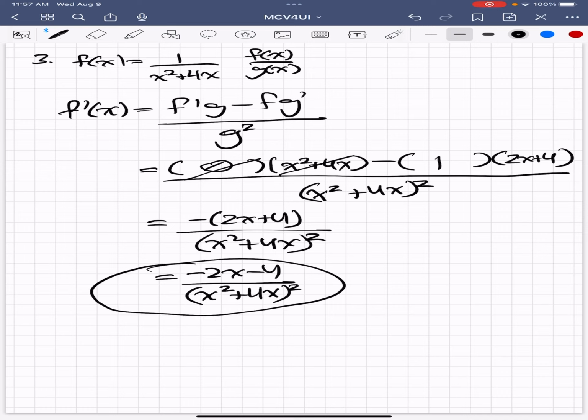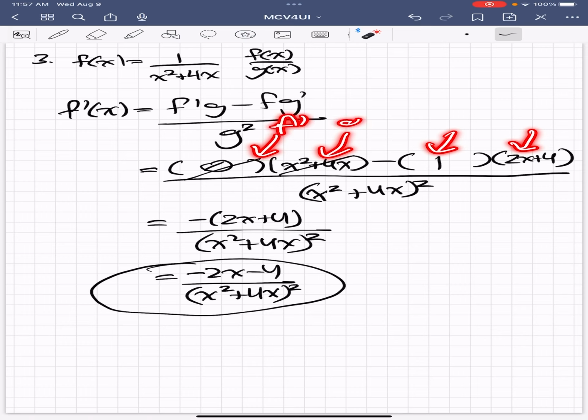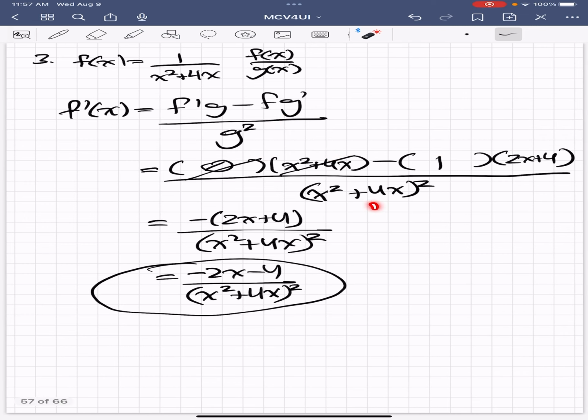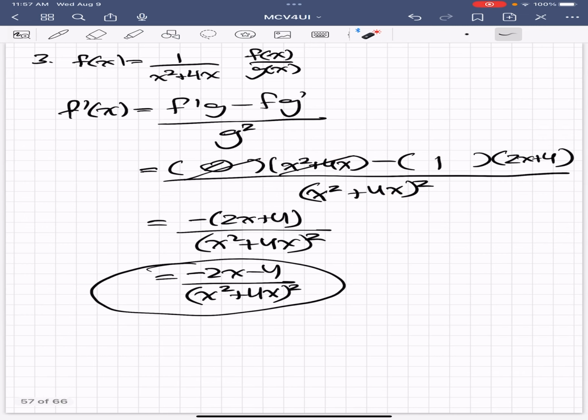So there's our answer. Let me explain what I did here. I used the formula. I inputted the derivatives and the f and the g into the formula. And then I realized the derivative of 1, which is a constant, using the constant rule.